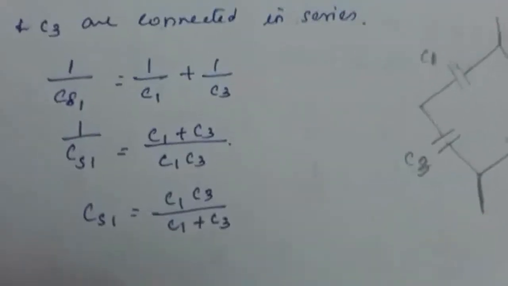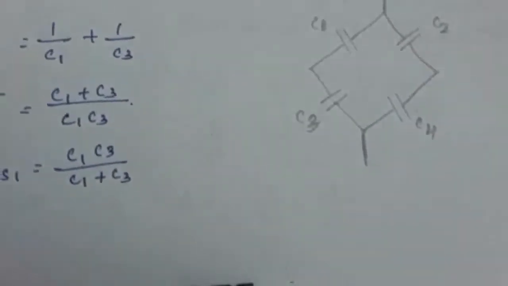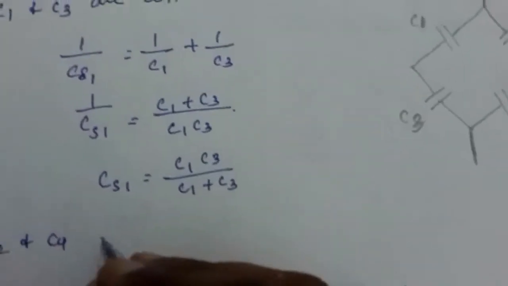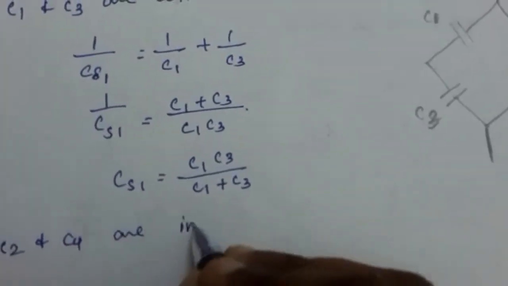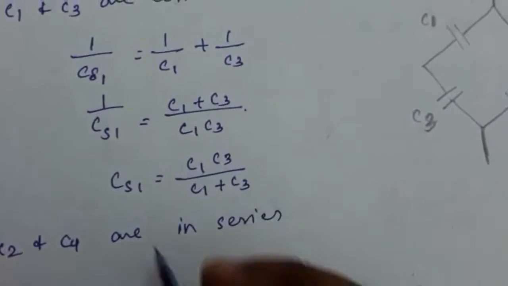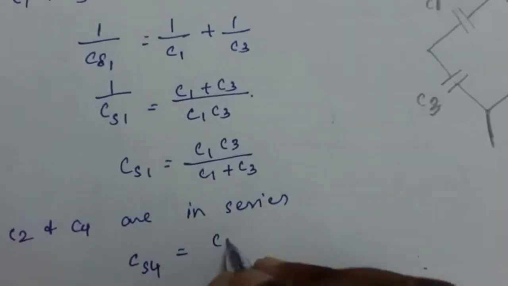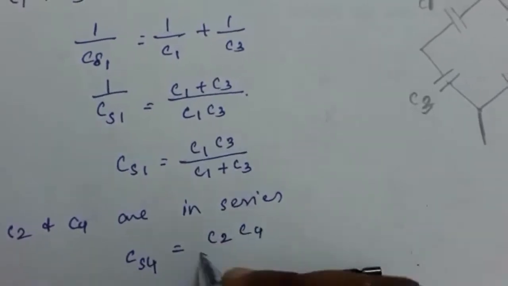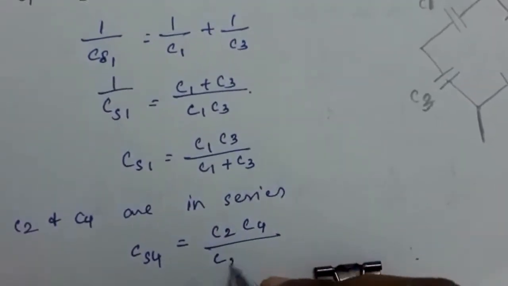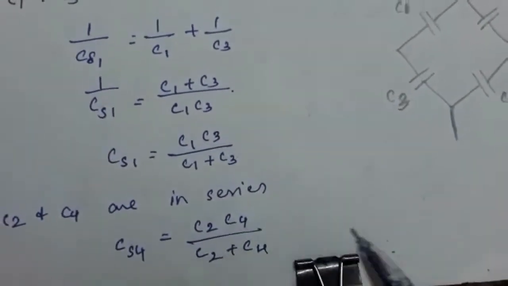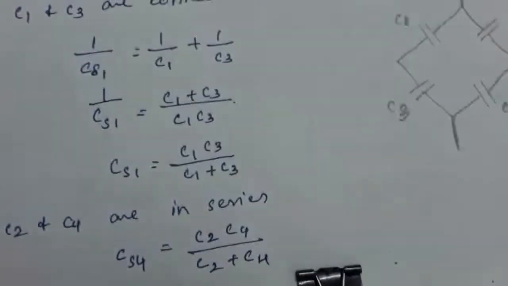Now C2 and C4 are in series. So what will you get here? CS2 is equal to C2 C4 by C2 plus C4, in the similar way.